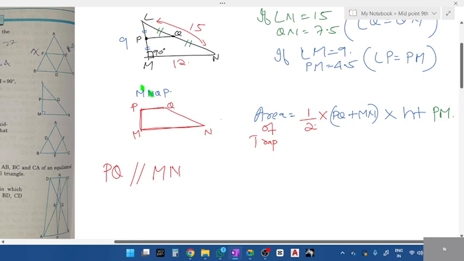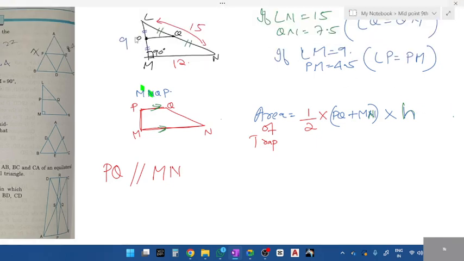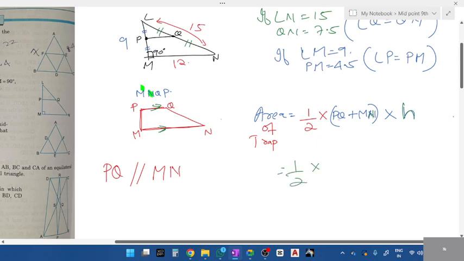What's the formula for the area of a trapezium? Look at the diagram and tell me. Half into the sum of parallel sides into height. What is the height here? PM is the height. So what's the answer you get? Half into, what is PQ we found?